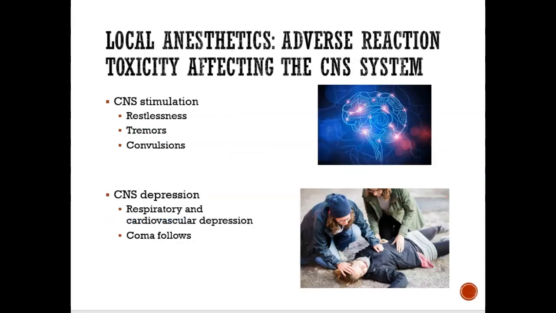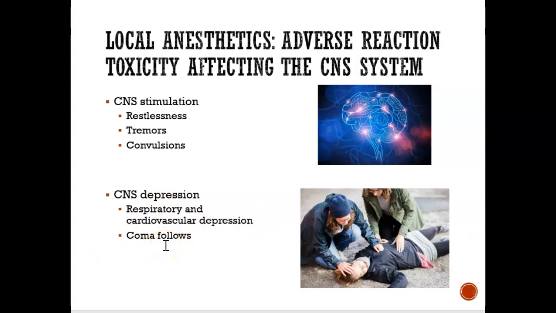And a side effect of the local anesthetic is CNS, or central nervous system, stimulation and depression. What that means is your brain can get really excited, and once it gets really excited, it can eventually turn into a depressive state where they could go into respiratory depression, so they stop breathing, and then coma could happen.